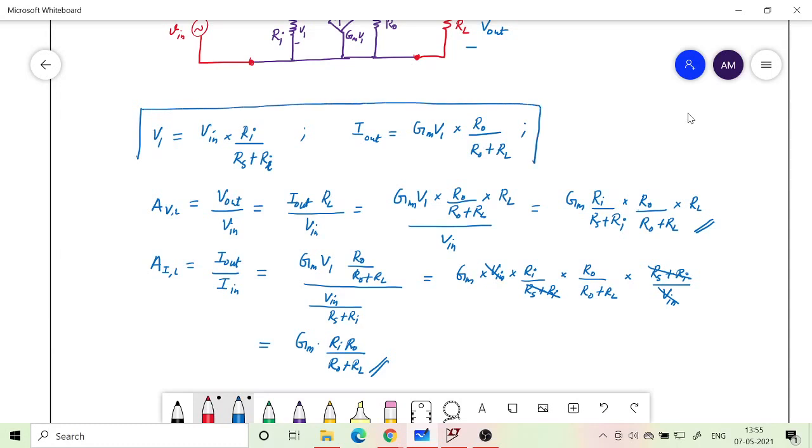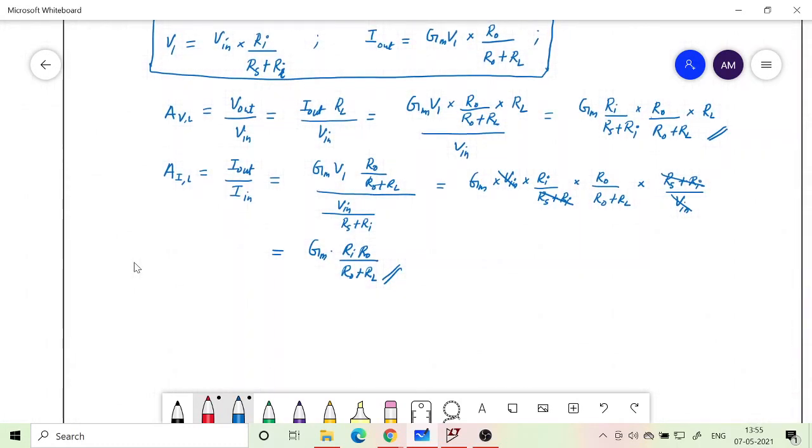Sir, what should we do to take out APL, sir? You apply the formula again, the power gain formula. What was the formula I gave you? P out by P in, right? What is P out? V out into I out. What is P in?